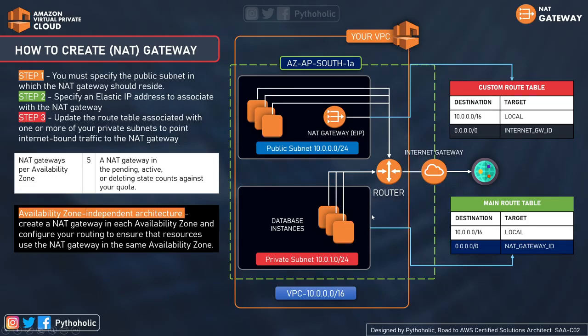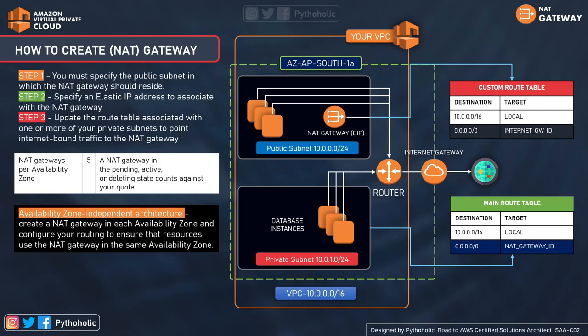So if your instances at private subnet want to access the internet, they have to talk to the NAT gateway, which resides in the public subnet, using the internet gateway, which in turn gets connected to the internet. But all that happens with the help of the route tables, as you can see. So all the instances here making a public IP address request actually goes through the NAT gateway ID, and then it forwards it to the internet gateway, as you can see here.